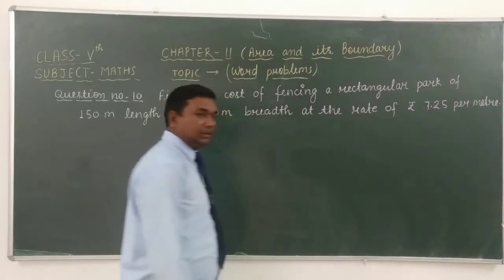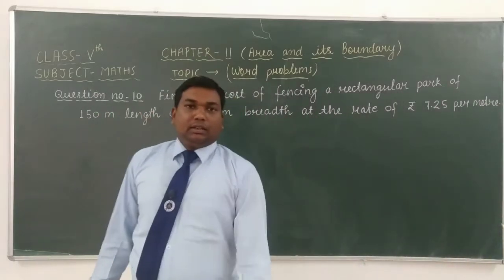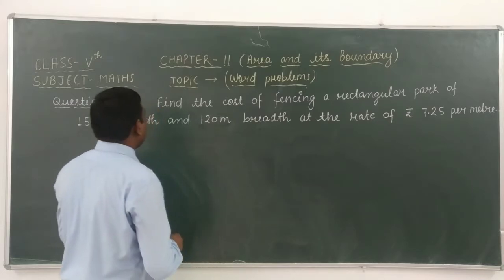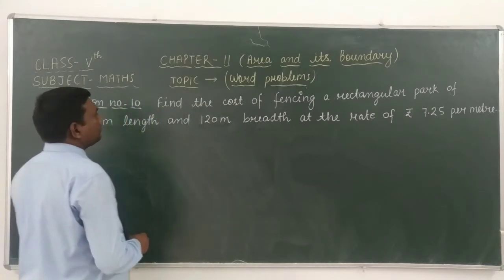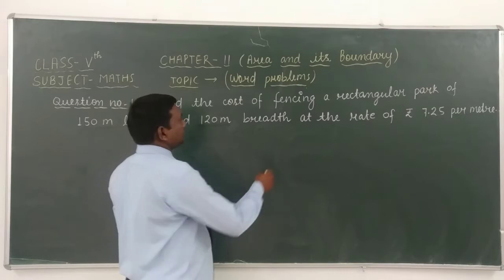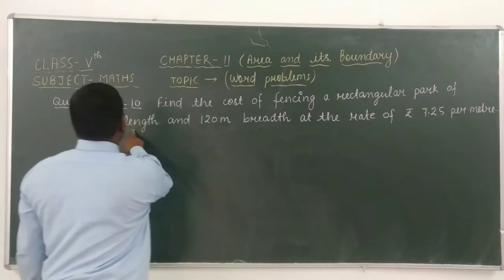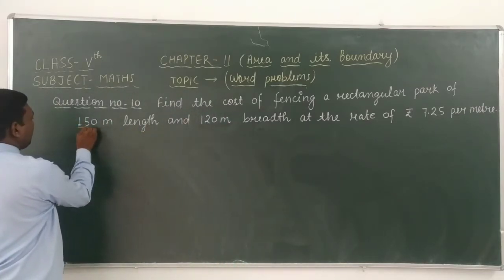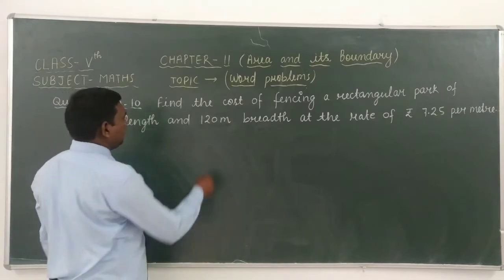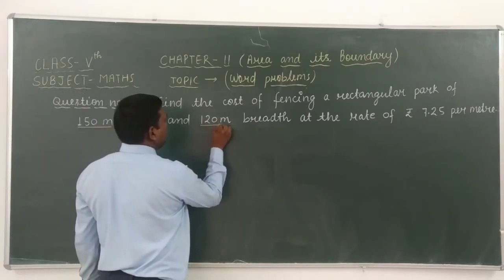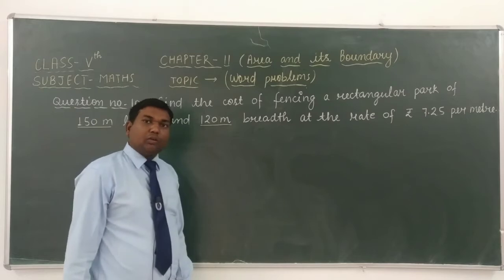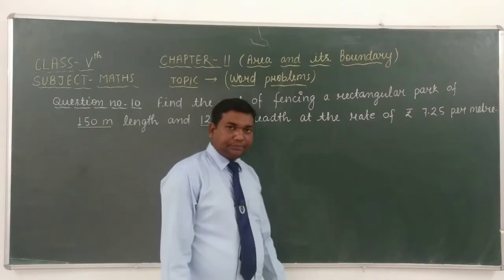In this question, it is given that the length of a rectangular park is 150 meter and the breadth is 120 meter.